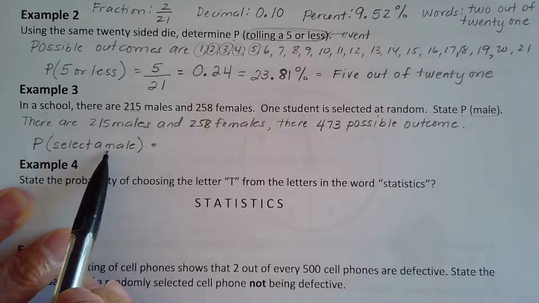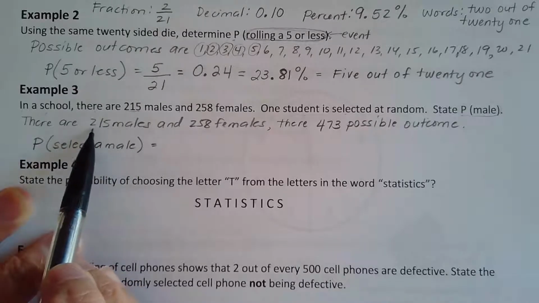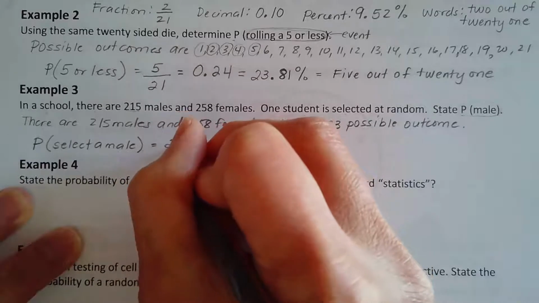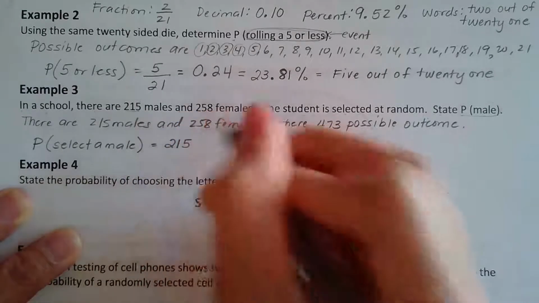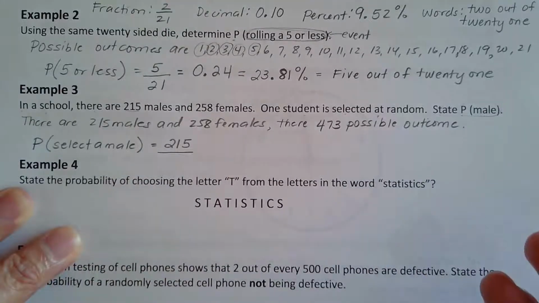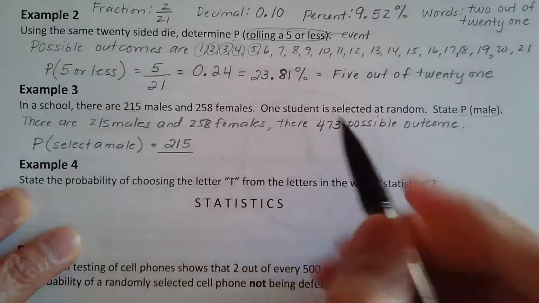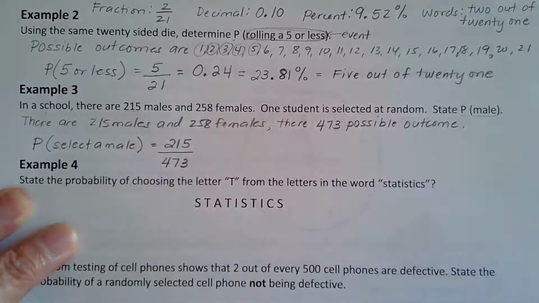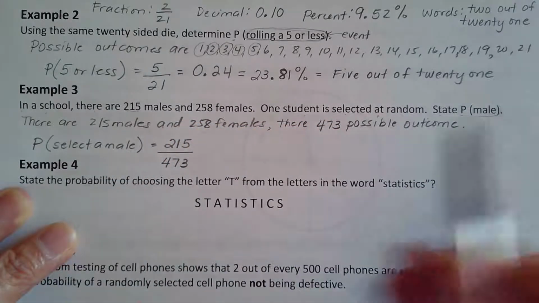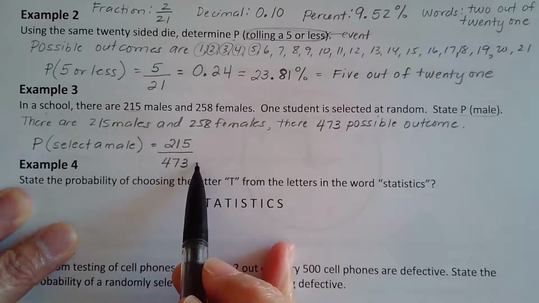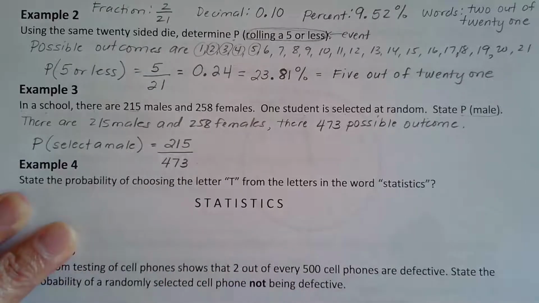How many male students are there? 215, divided by how many possible outcomes? 473. So how many males divided by how many are there altogether?